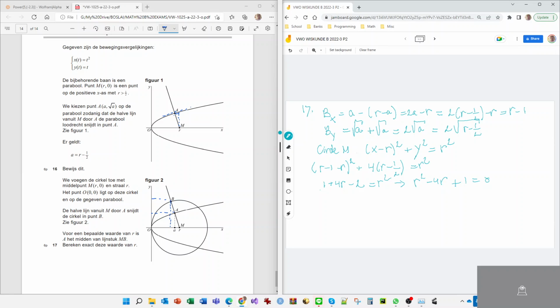So we can write this as (r minus 2) squared, which gives r squared minus 4r, but also a 4, which I need to subtract. So minus 4 plus 1 equal to 0.